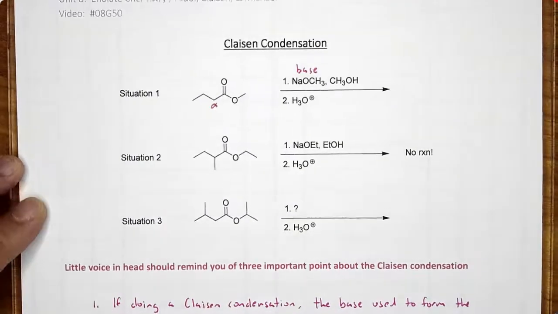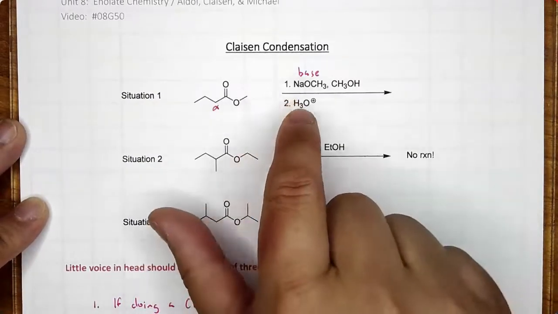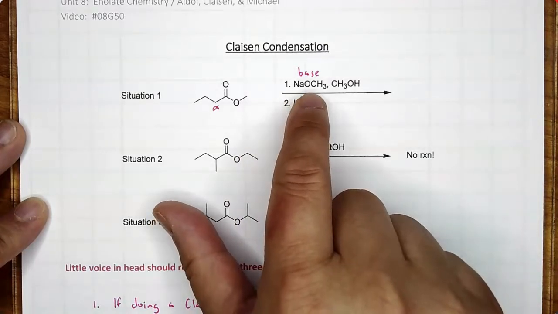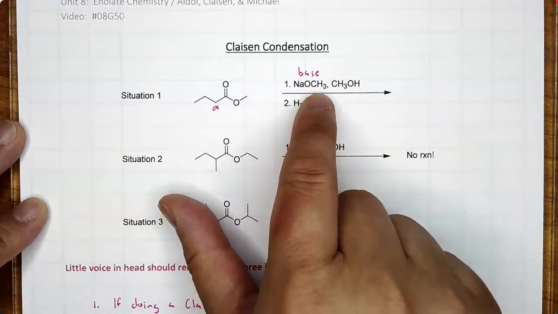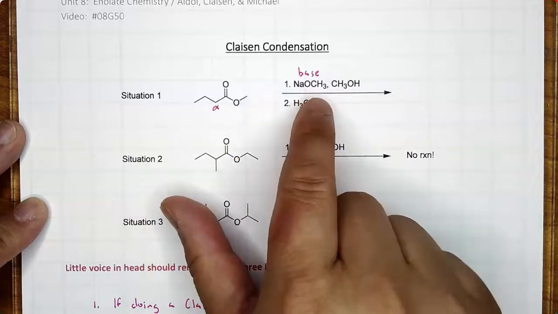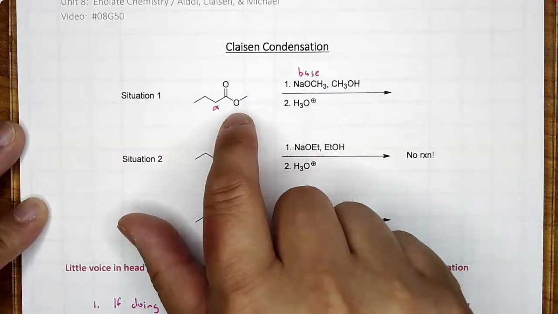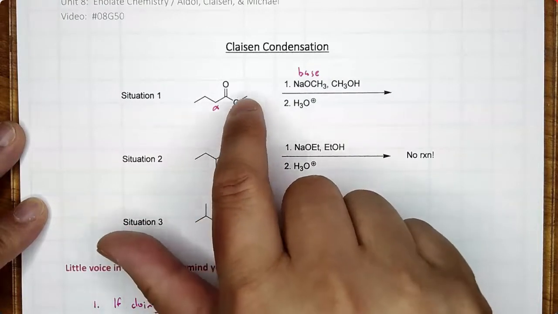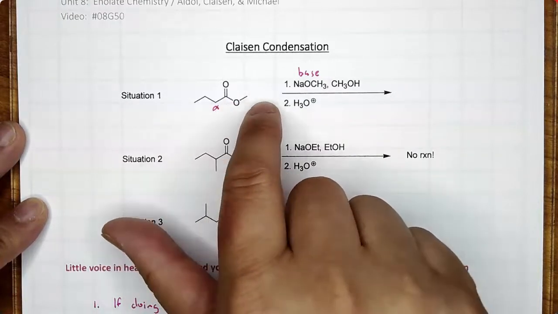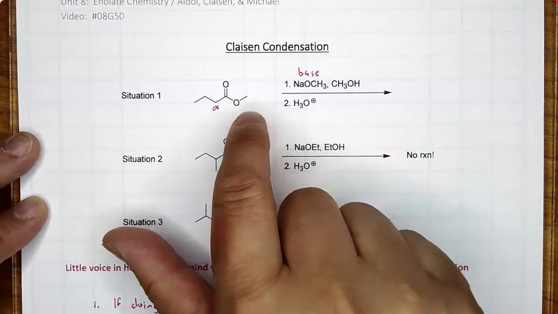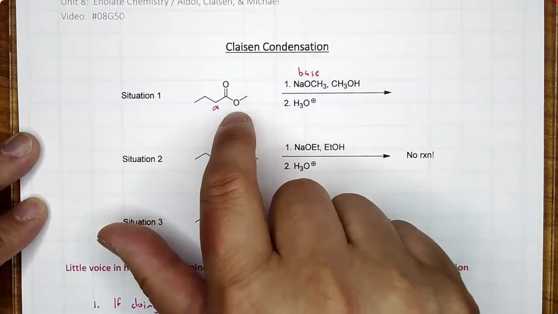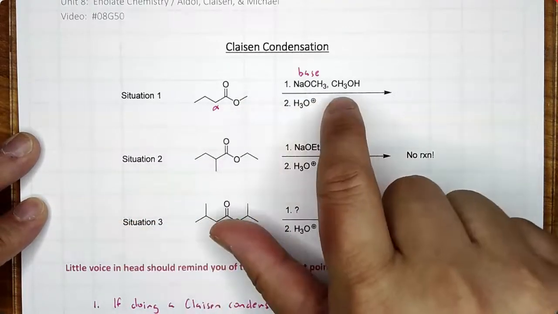If we take a look at our first reaction here, the base that we're using is methoxide, OCH3-, and that has to match the leaving group of the ester, or the alkoxy group. So this is OCH3. You know, when this leaves under basic conditions, it leaves as OCH3-, the minus on the oxygen, same as the base.